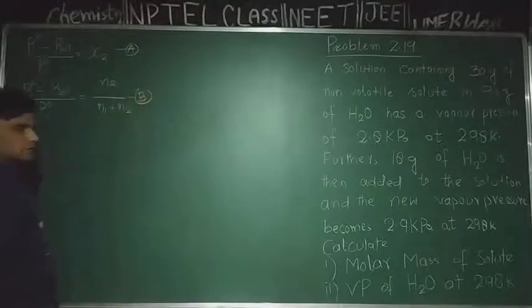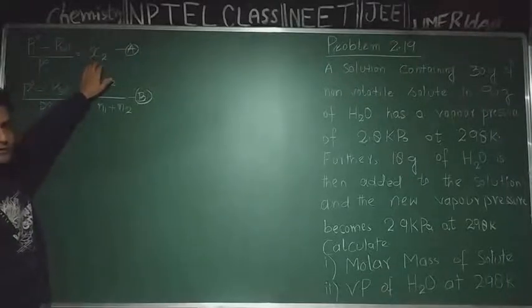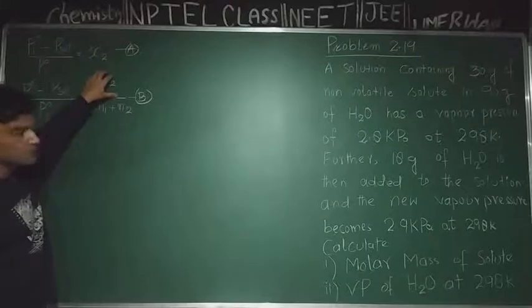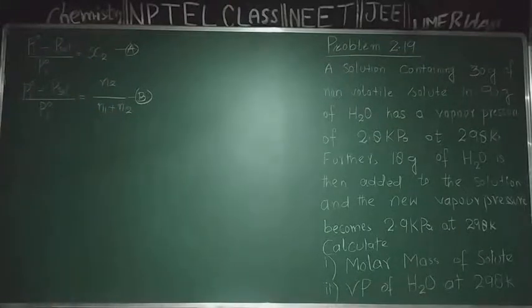Both are basic or fundamental equations for expressing relative lowering of vapor pressure of solvent or solution, and according to both, relative lowering of vapor pressure is equal to mole fraction of non-volatile solute, that is number of moles of non-volatile solute related to total number of moles in solution.